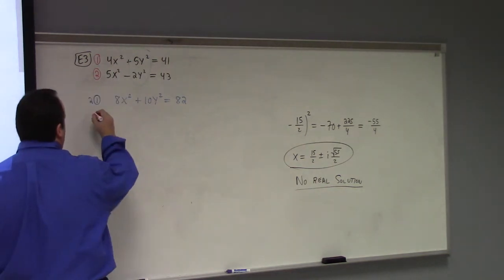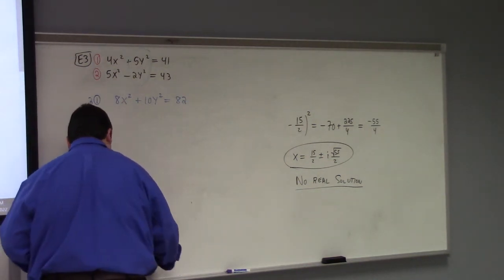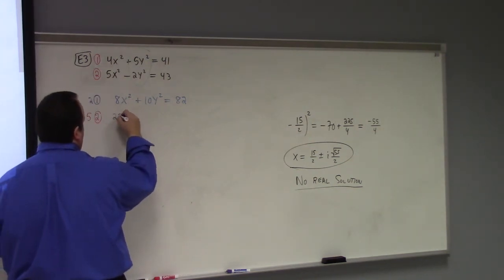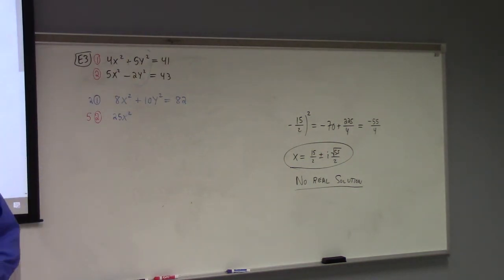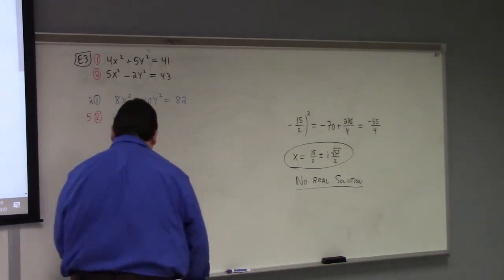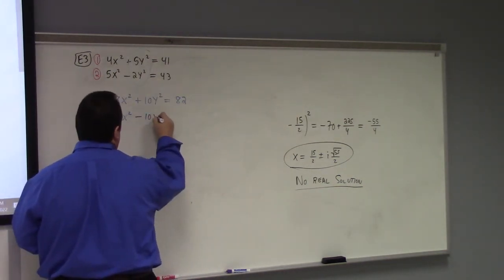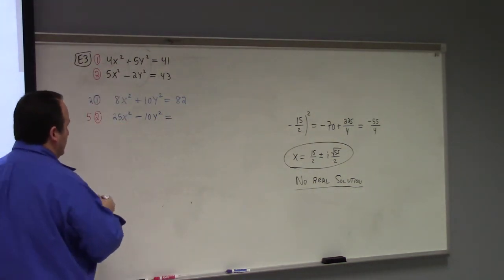I like that, yeah. And what's that give us? 5 times 5 is 25 x squared, and 5 times minus 2, so minus 10 y squared equals 5 times 43, which is 215.